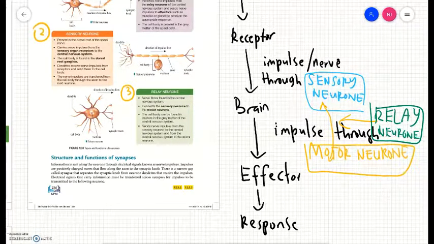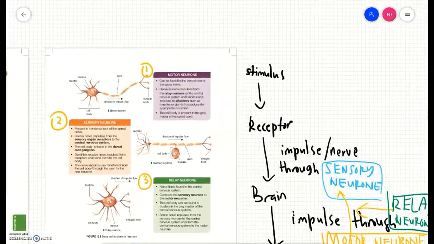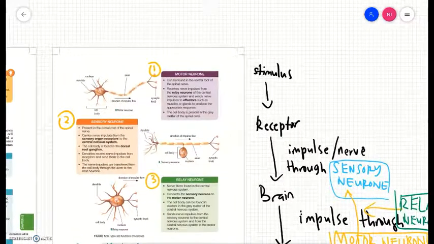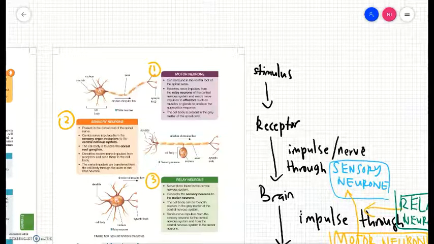Okay, now let's go one by one. What is a motor neuron? What is the structure? The structure is the same as what we have learned just now. It has a dendrite, and then cell body, axon, and also synaptic knob. The direction, of course, is from dendrite towards the synaptic knob.